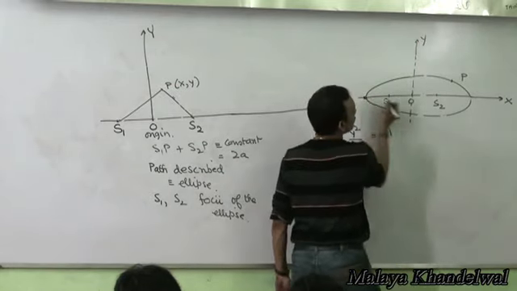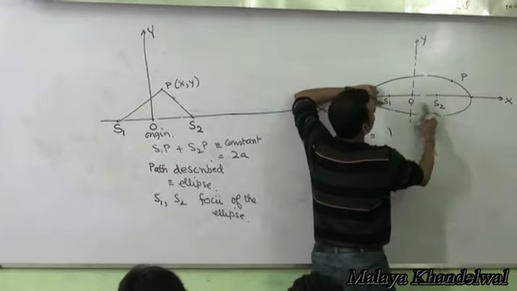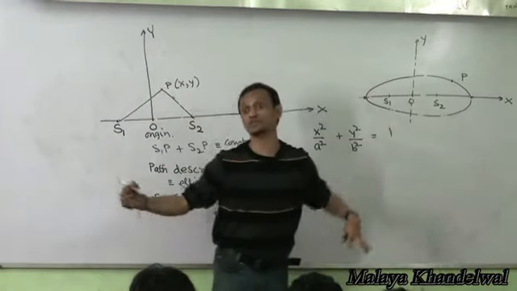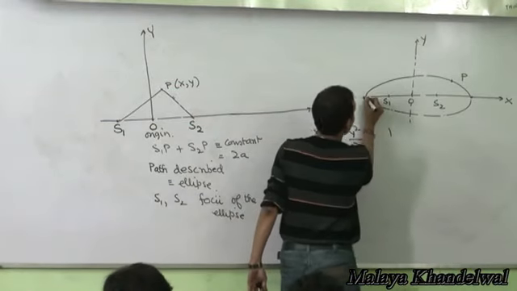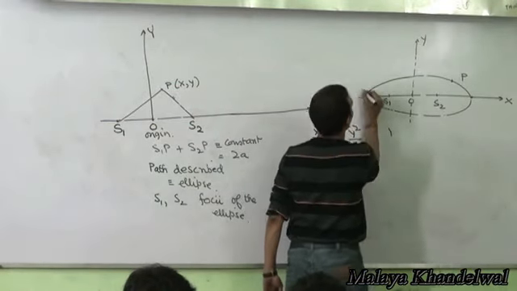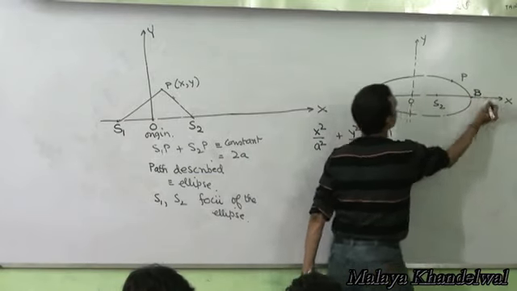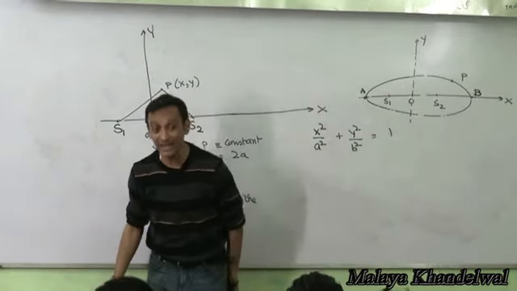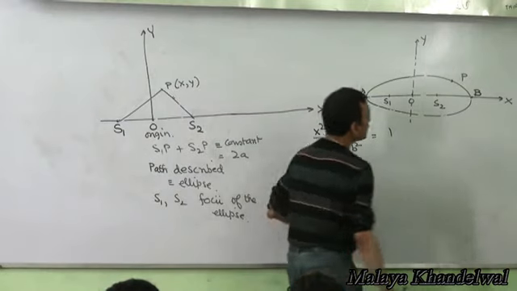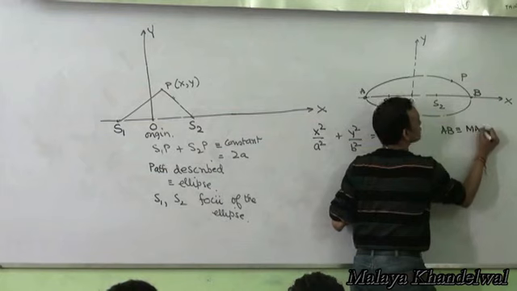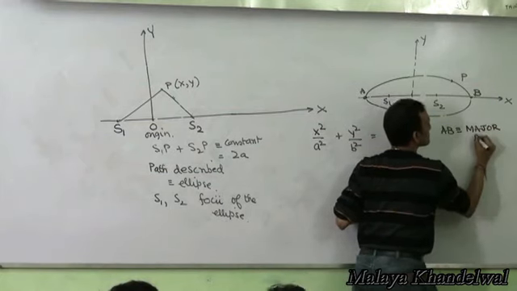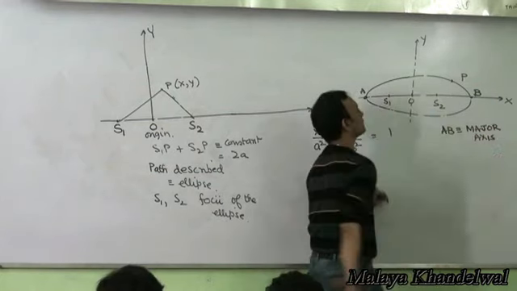The line joining S1 and S2 is also called the axis of the ellipse. The extreme points on the axis are A and B. This AB is called the major axis of the ellipse.